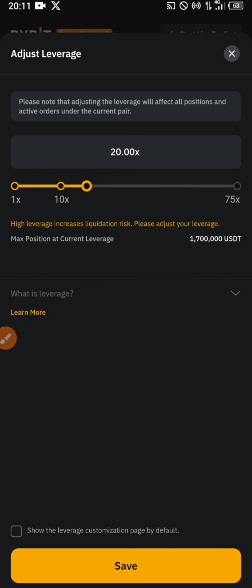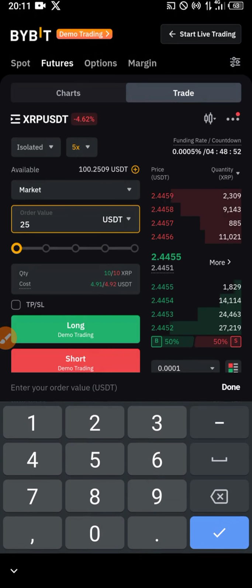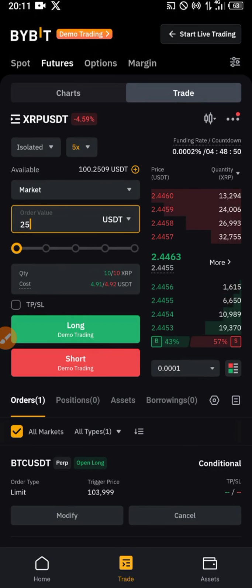Now, what is leverage? Leverage is like using a superhero jetpack, right? So you can control a big trade with a small amount of money. For example, if you are using 5x leverage and you have $20, you can trade like you have $100. You understand? So that is leverage, your buying power, your selling power.